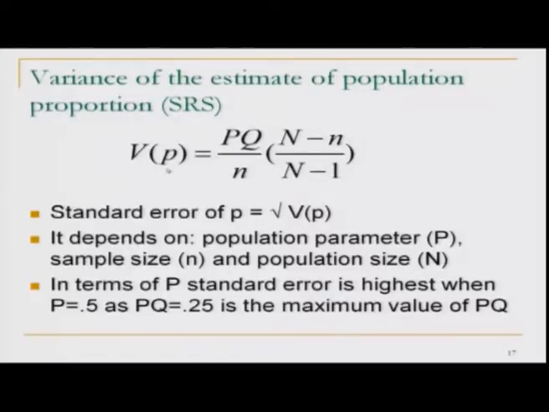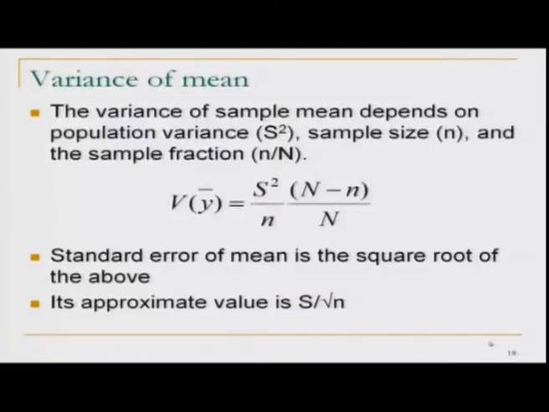Standard error of P is root of PQ by n, but P and Q are not known. They may however be replaced by small p and small q, which are the values of proportions obtained from sample data itself, and then V(p) equal to small p small q by n becomes the estimate of variance of P based on sample data.